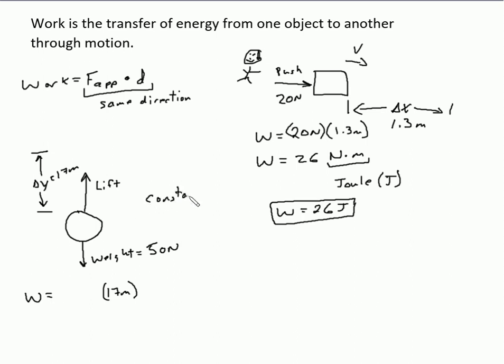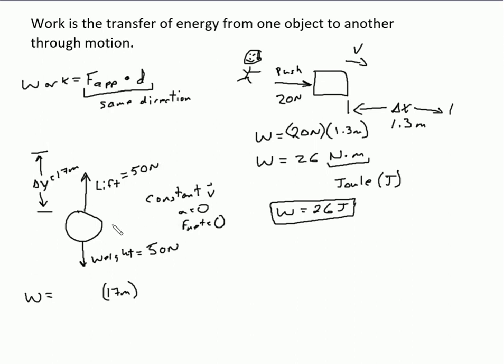That's just how most things operate. So you have a constant velocity, which means you'll have no acceleration, which means you'll have zero net force. Which means everything's balanced. So the weight, 50 newtons, has to be balanced out by this lifting force. So in this case, the lift is going to be a force of 50 newtons acting on the object.